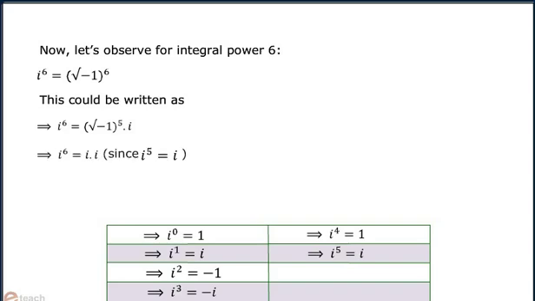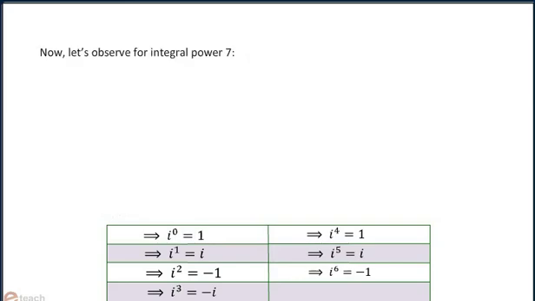This implies iota raised to the power 6 equals iota into iota, since we know that iota raised to the power 5 equals iota. This implies iota raised to the power 6 equals iota square. This implies iota raised to the power 6 equals minus 1, since we know that iota square equals minus 1.